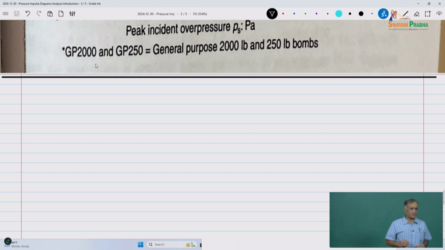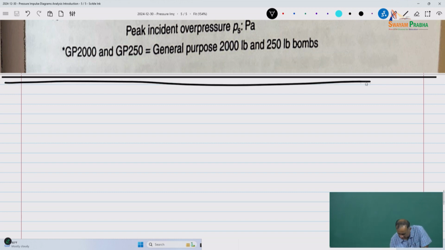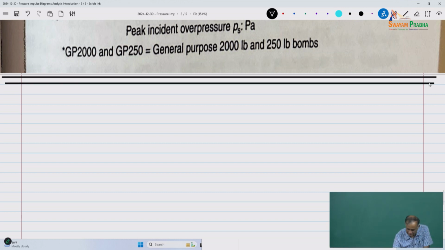So any questions? We're going to now move to a slightly different, the next topic. So far we have considered elastic response.